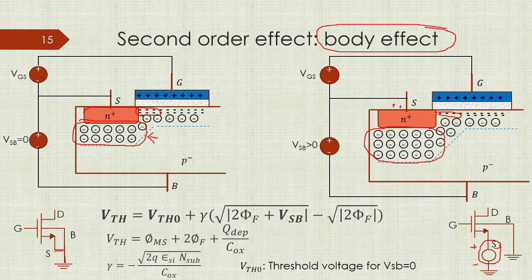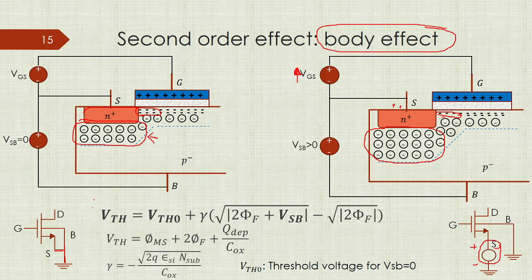If we want to keep the same amount of electrons here, we have to increase the VGS voltage. So now we need more voltage to have free electrons. Mathematically, the relationship for the threshold voltage is given by this.